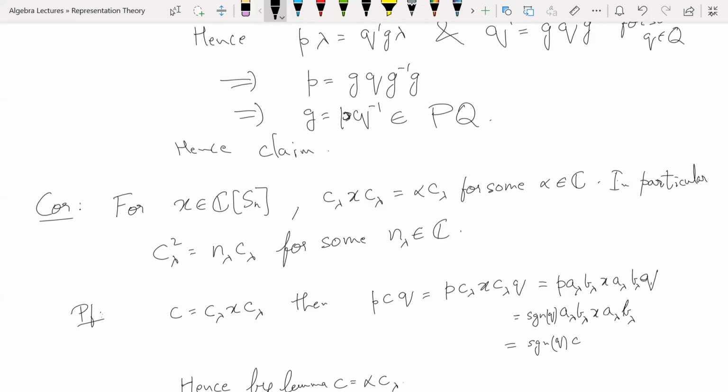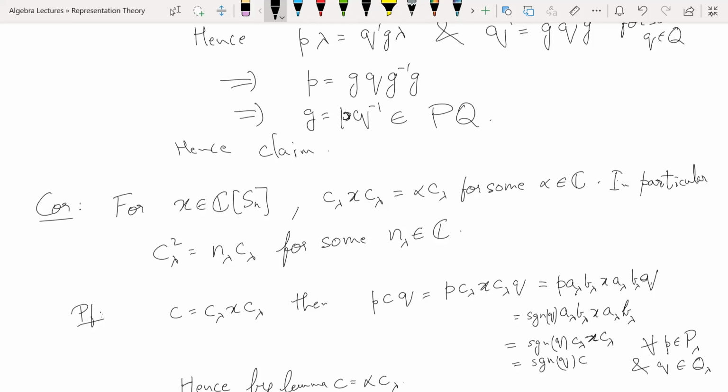So that sine of Q comes here, and we have B lambda, and then sine of Q. And of course, this is C lambda x C lambda, so this is sine of Q times C. So this is true for all P in P lambda and Q in Q lambda.